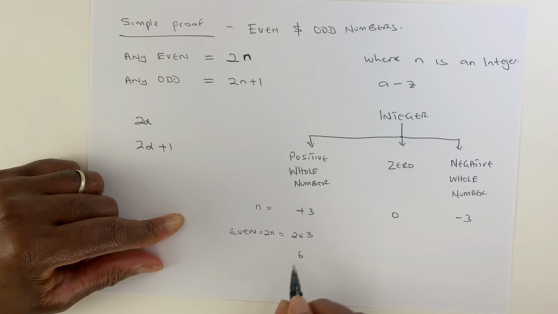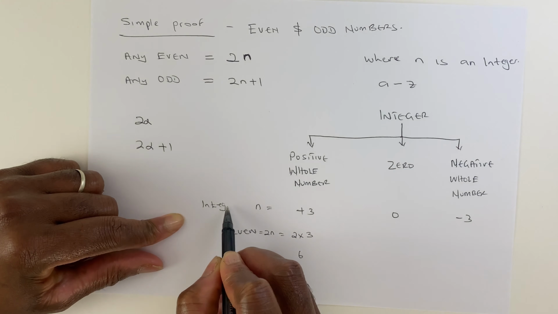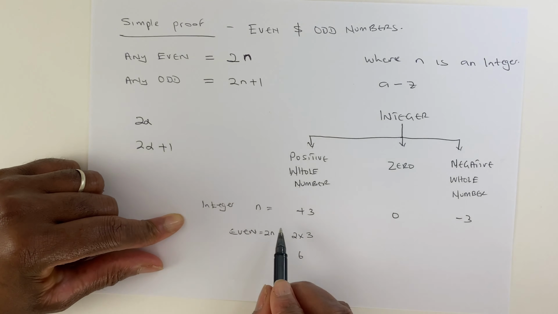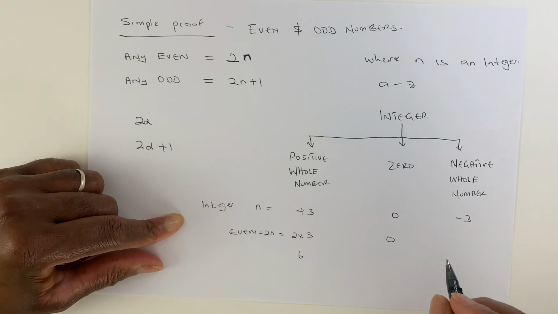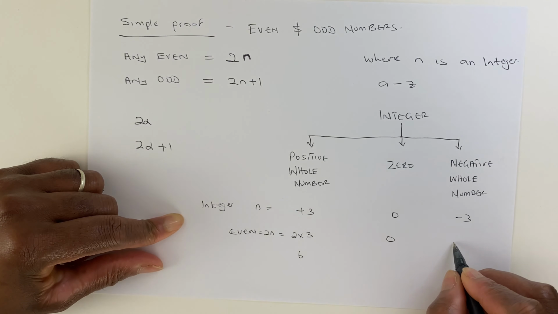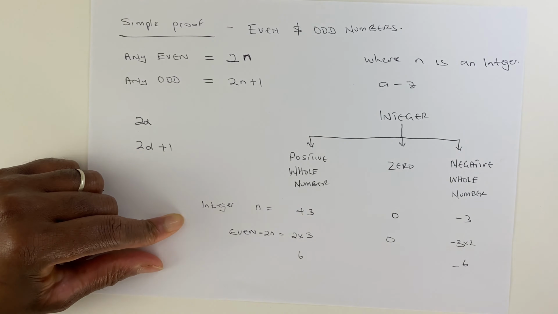You can see that's an even number, even though we used an odd number to derive an even number. So in this case n is an integer, where n equals 3, so we got the even number of 6. For 0, 0 times 2 will still be 0, and 0 is still an even integer. And minus 3 times 2 will become minus 6. It's still an even number, a negative even number.